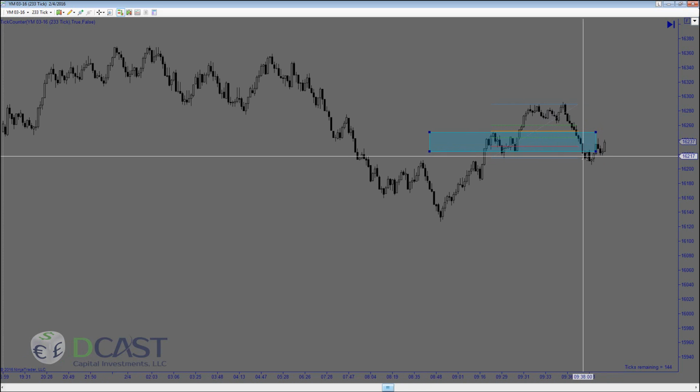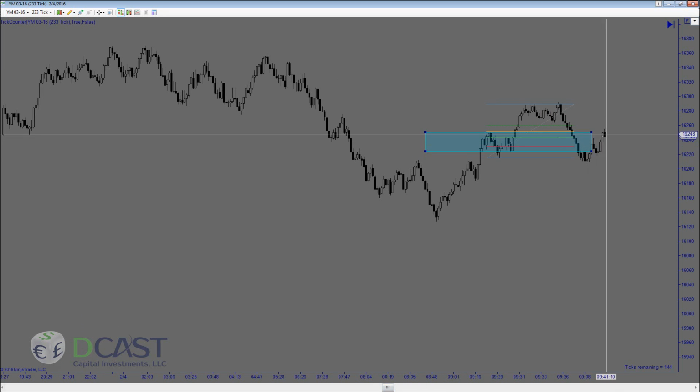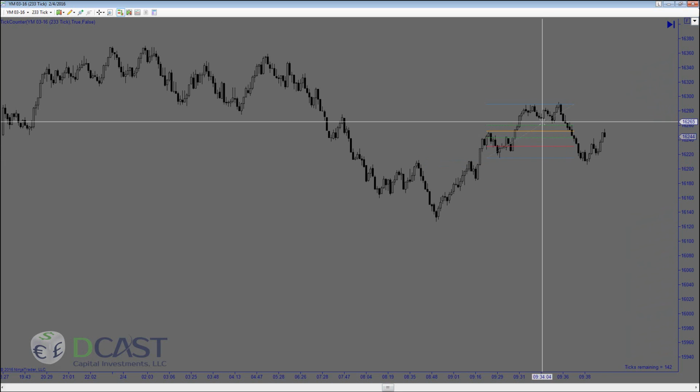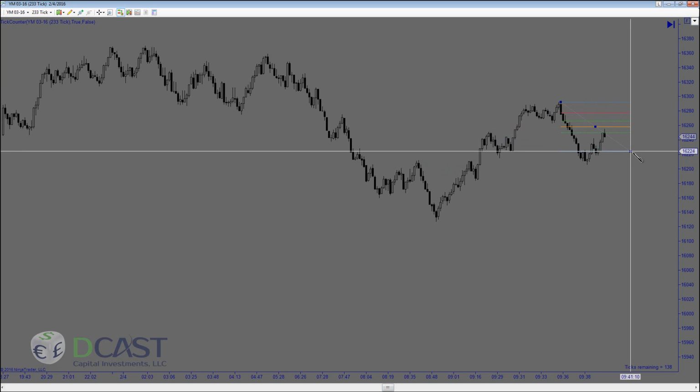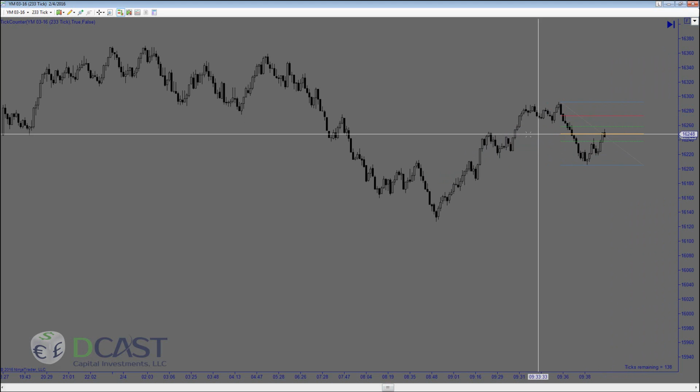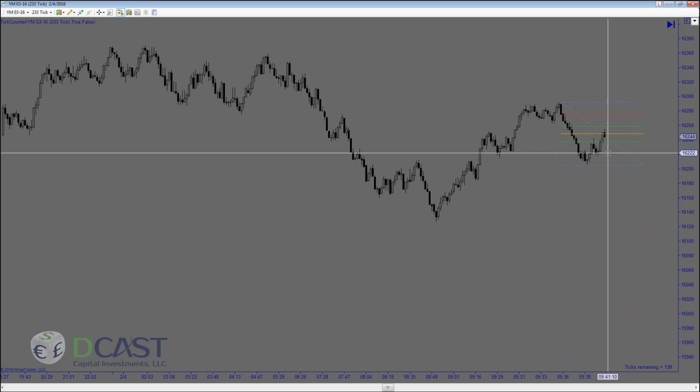So what I want to do is look for a trade that's consistent with that. Now that price hit that 50%, hit that area of structure, my expectation is for price to try to get back down there.